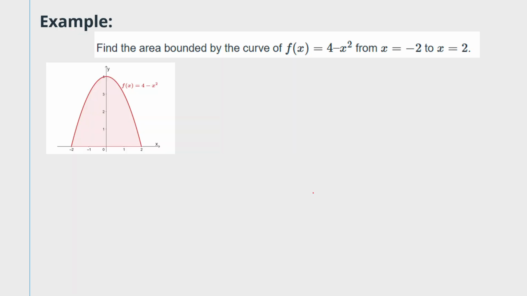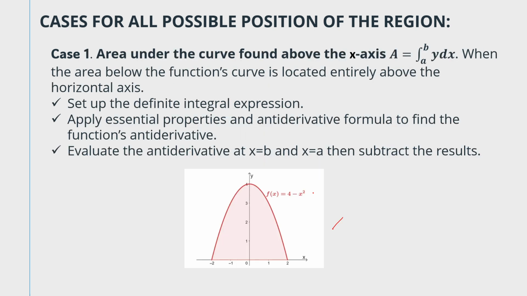So let's try example number 1. This is for case number 1, which is above the horizontal axis. Find the area bounded by the curve f of x from x is equal to -2 to x is equal to 2. So this is case number 1.